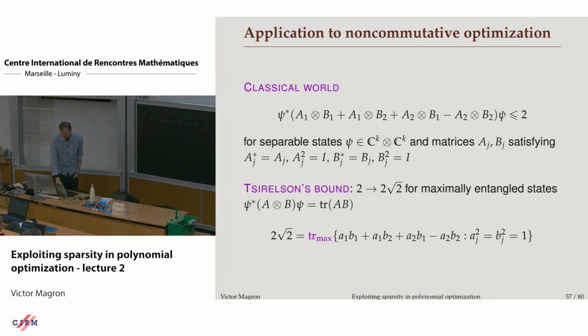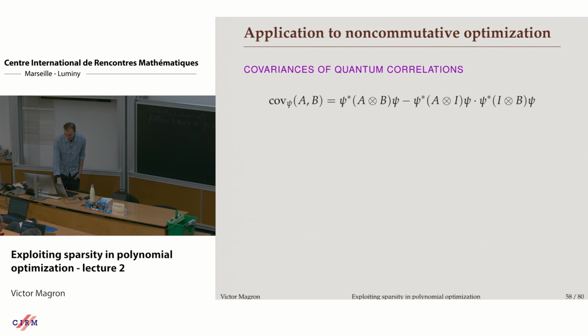Okay. And then there are nonlinear variants of these problems. Basically, this corresponds to taking the expectation of this operator A tensor B. But you can also consider covariances of these quantities. So there are natural higher order moments of this measurement operator's composition.